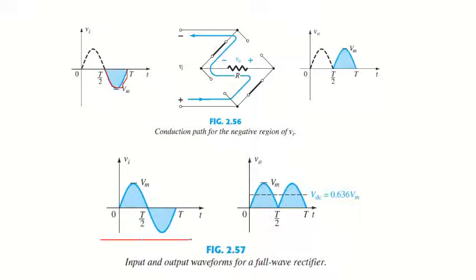So this is the input signal and this is the average DC value of the output signal. VDC is equal to 0.636 Vm.